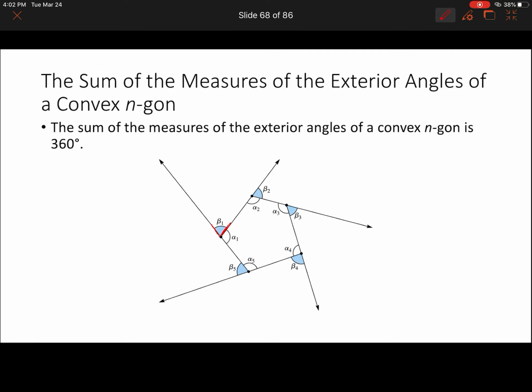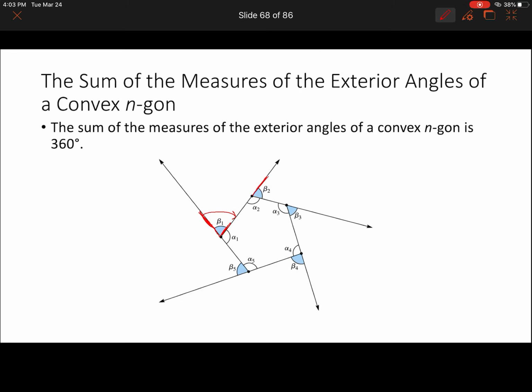So the exterior angles, we've mentioned this before, are the angles that are outside the polygon. In this case, you see a pentagon, and you see the exterior angles that are formed by a side and an extension of another side. The sum of the measures of the exterior angles has to be equal to 360 degrees, which should make some sense. So think about this.